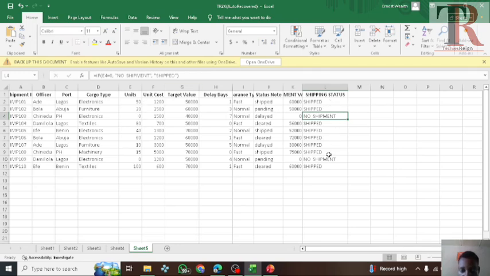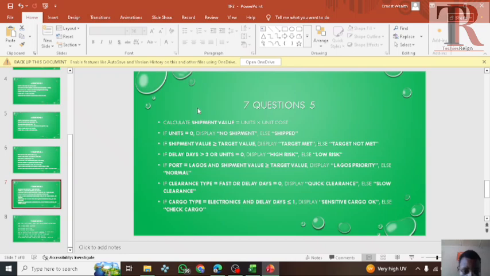That's why we have no shipment here. The same thing here, because this E10 is equal to 0, it will give us no shipment. So with that, we've answered the first two questions.